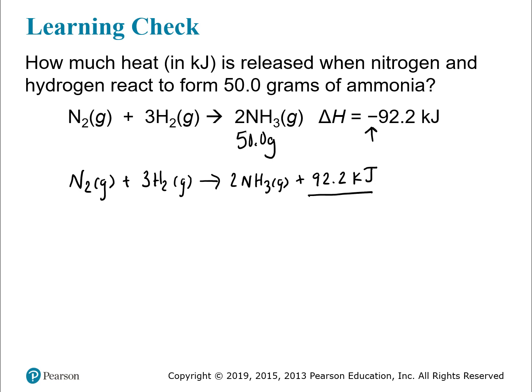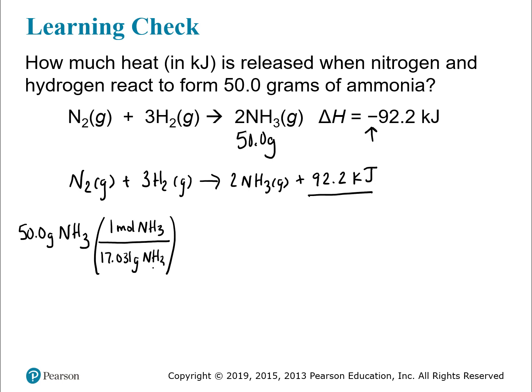Now, we've got 50 grams of ammonia. We can't do anything with grams. We always need to convert to moles so that we can use conversion factors to get from point A to point B. So that's where we start.